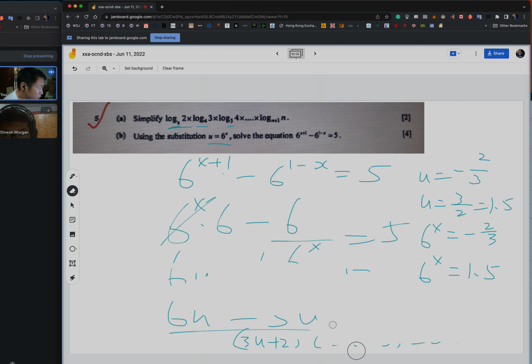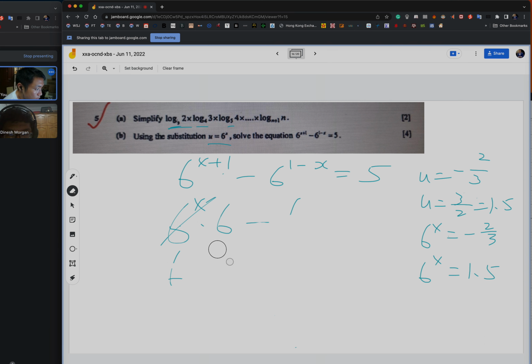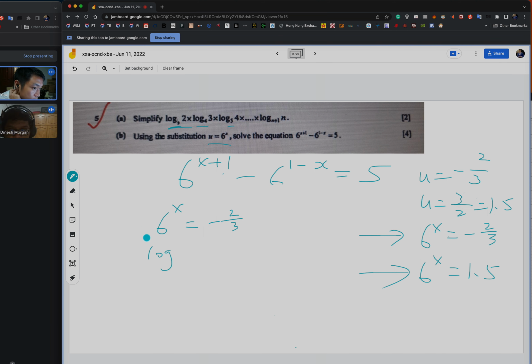So I don't think you can solve the first one because you're going to get error. Can you? This one, for x. So you're going to get log. You can't, right?